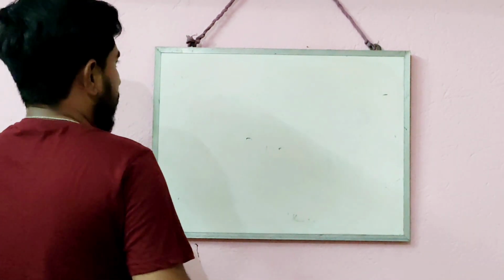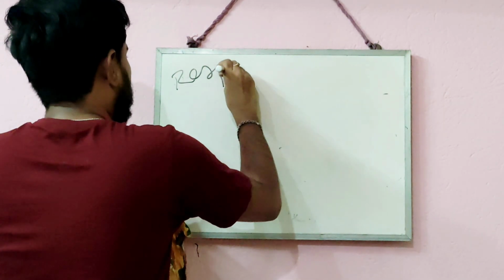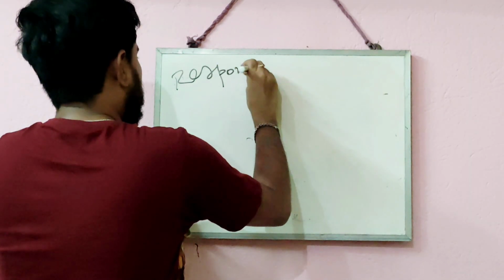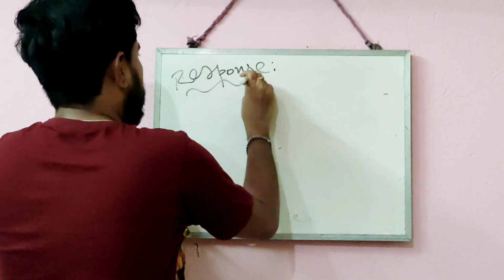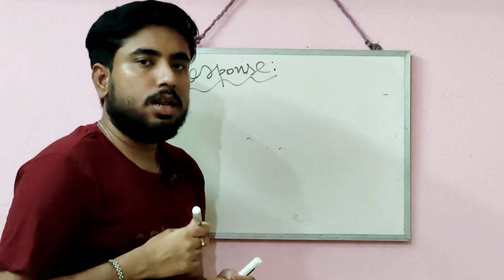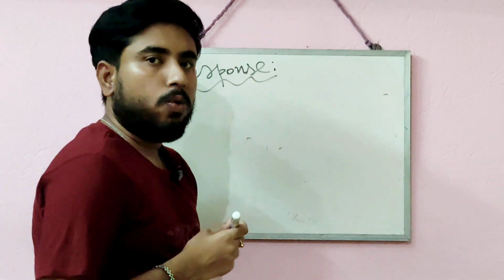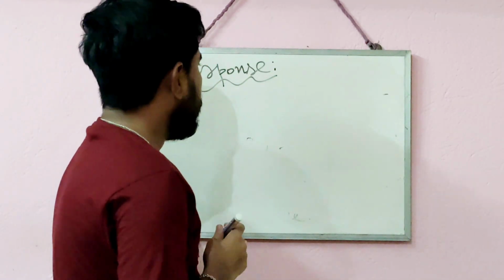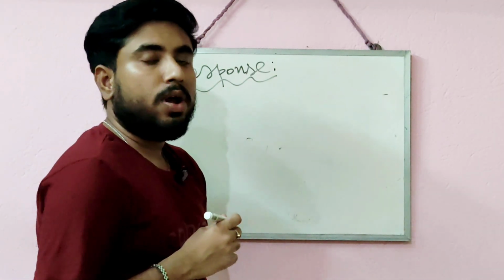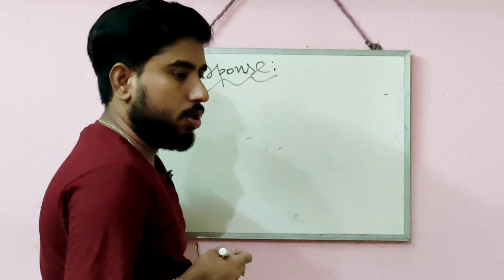The second term that we have to know is response. Response is an effect that is generally shown by our body when we are taking any drug, or we can say, when we take any drug, the reaction our body shows is also called response.